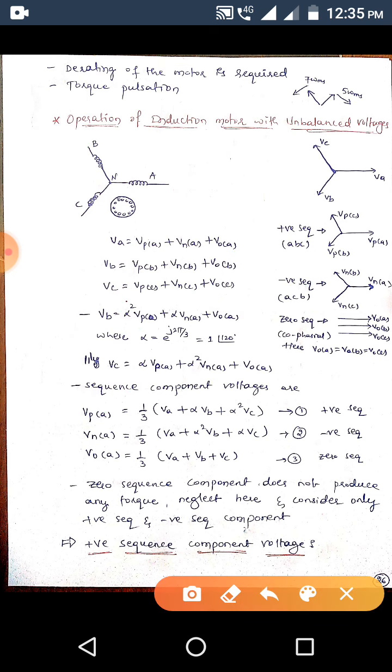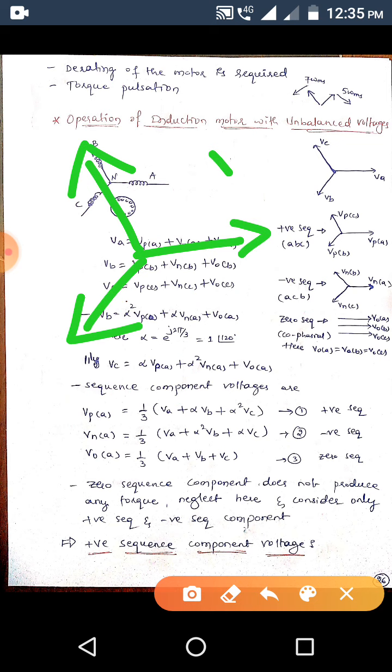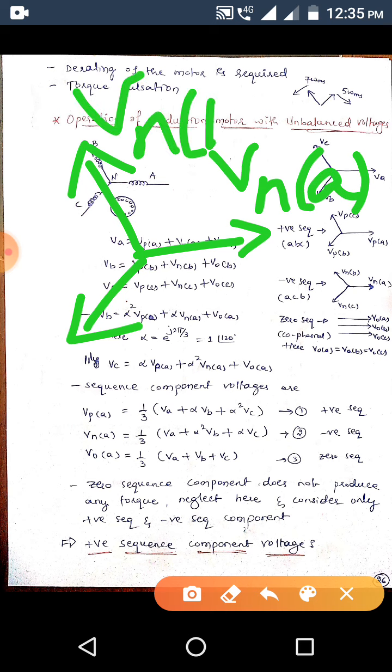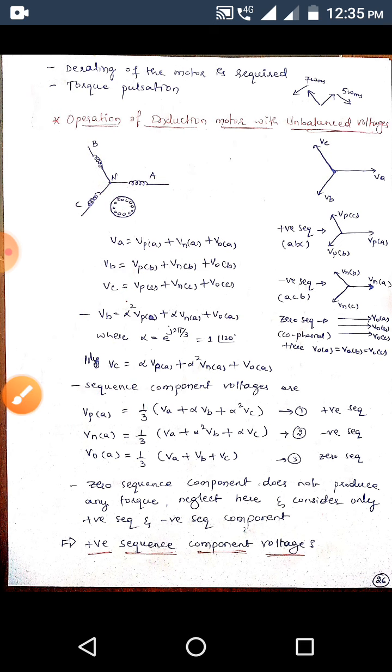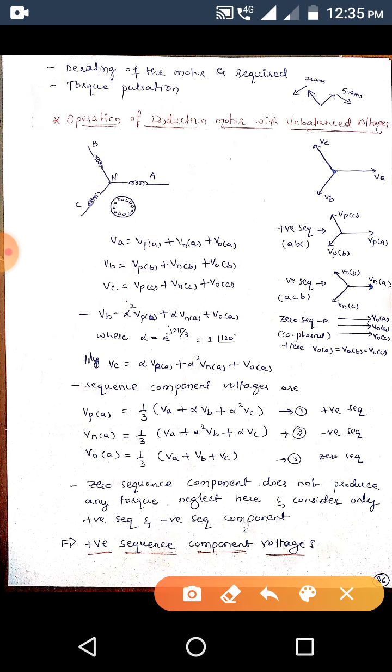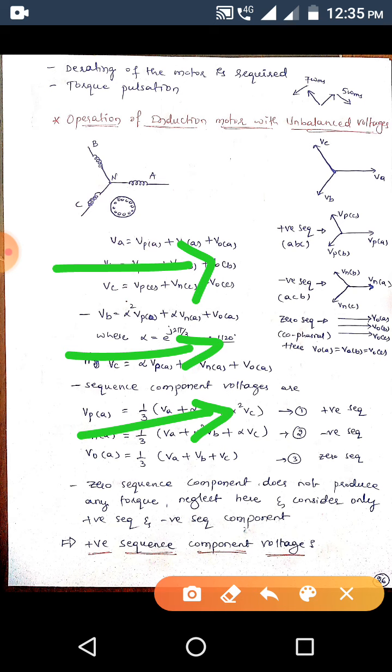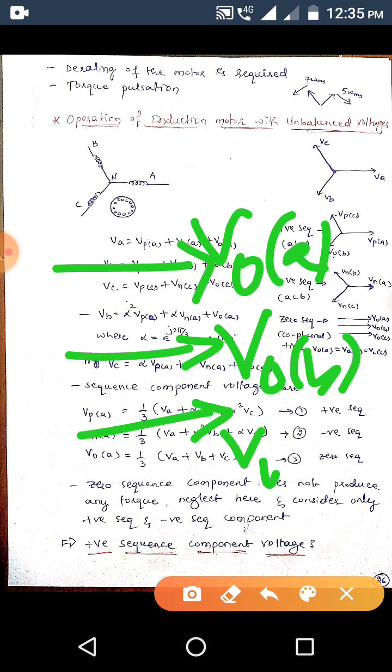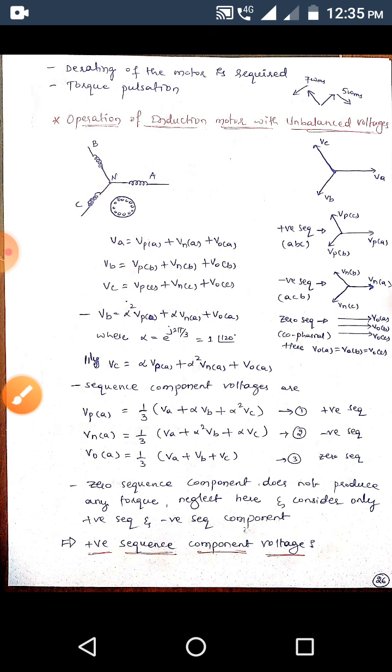Similarly, consider the negative sequence: the negative voltage of phase A, of phase B, and of phase C. Similarly, consider the co-phasal sequence or zero sequence, where all the phases are in the same phase: V0A for phase A, V0B for phase B, V0C for phase C.